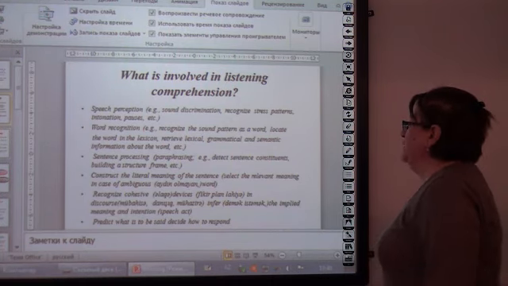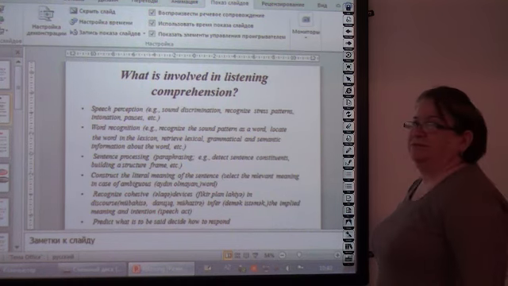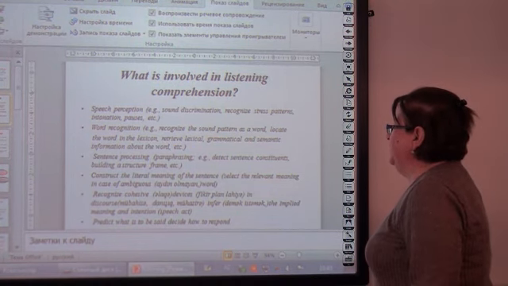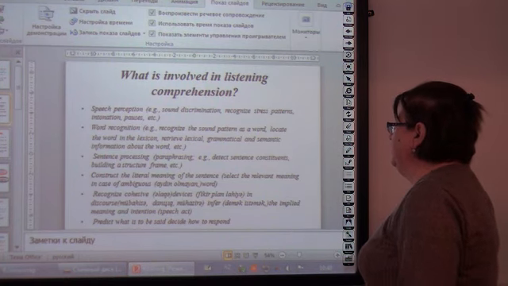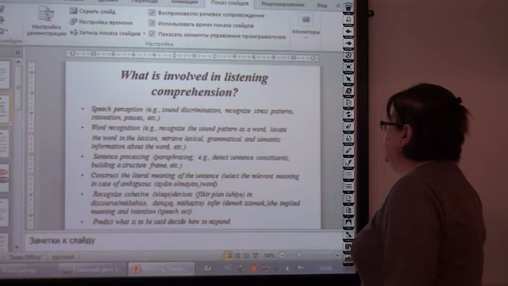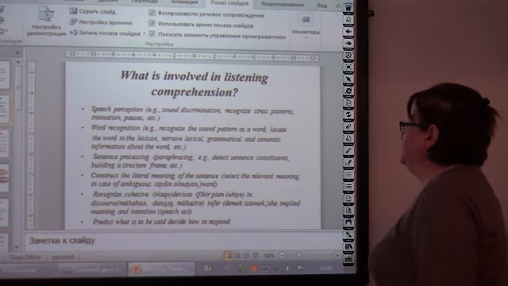Third, sentence processing, paraphrasing the text, building a structure. The fourth one is to construct the literal meaning of the sentence. Select the relevant meaning in the case of ambiguity.